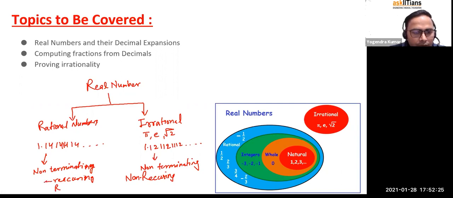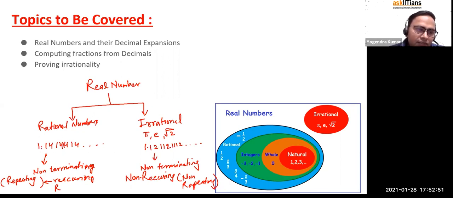Let me write it down here: repeating. This is the repeating one, and this is non-repeating. Because it is not available in this picture, you need to point this out clearly. So this is what we have seen.